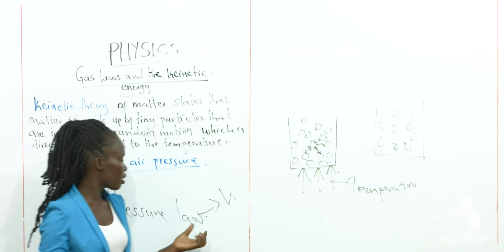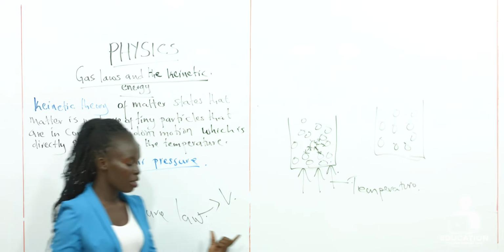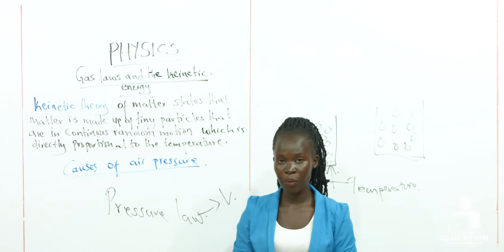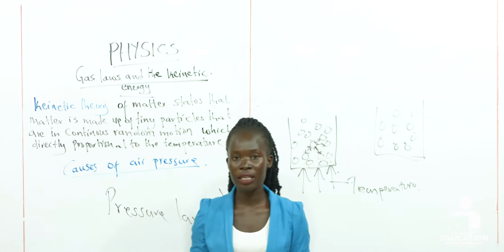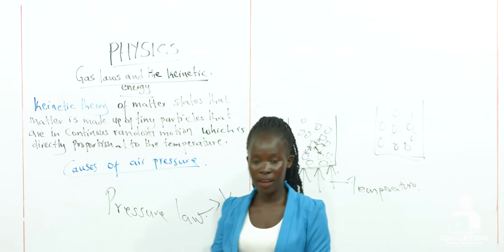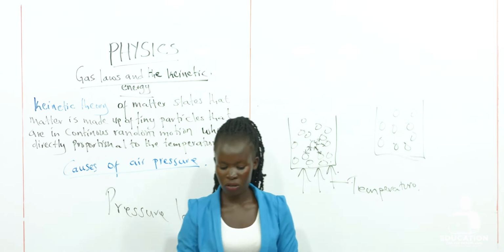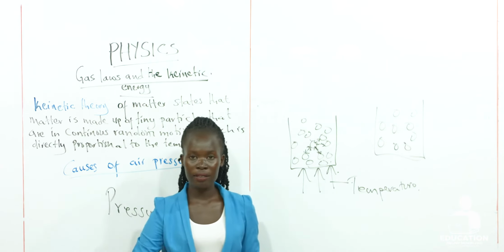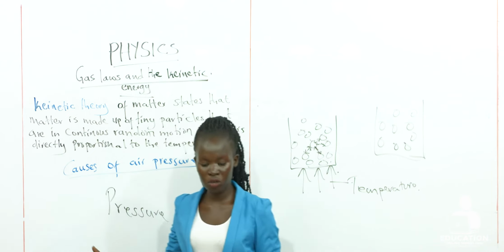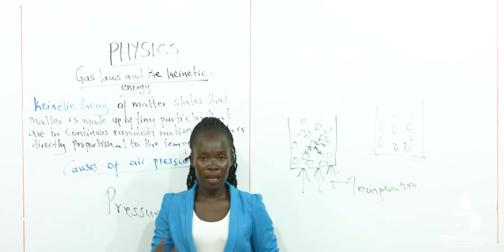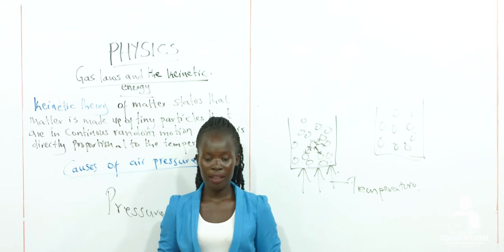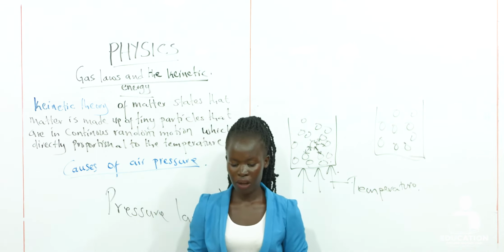So you'll see that the pressure law states that the pressure of a fixed mass of a gas is directly proportional to the temperature when the volume of the gas is kept constant. So you see, when you increase the temperature of these molecules, it means that you are also increasing the kinetic energy of the molecules.